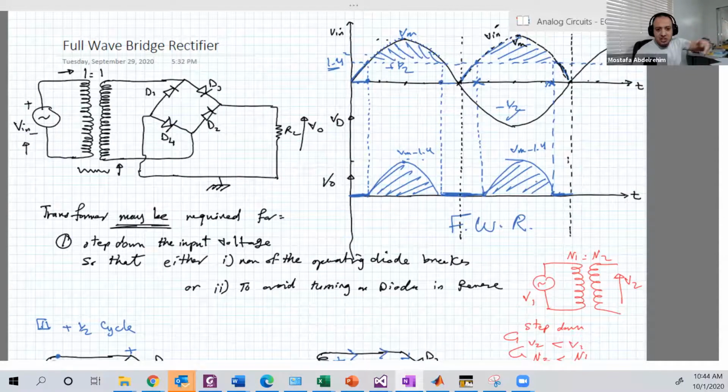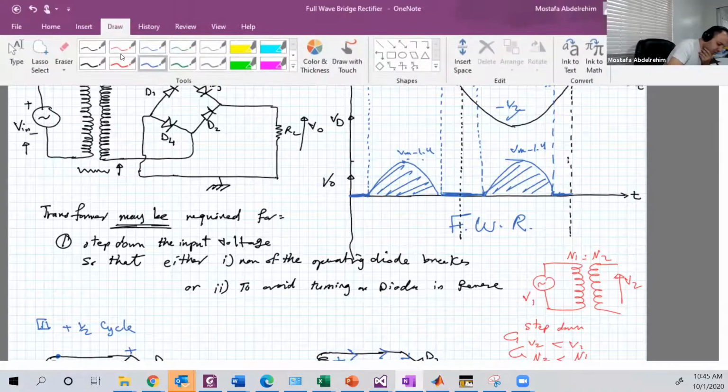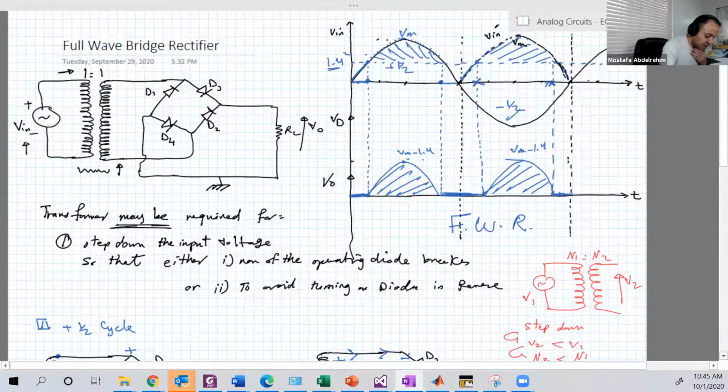Just like what we saw yesterday in the lab, they don't really have a much higher effect on our output shape. Basically, if this is an ideal diode and you just neglect this 1.4, you will have exactly something like this.